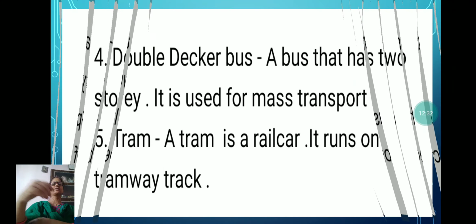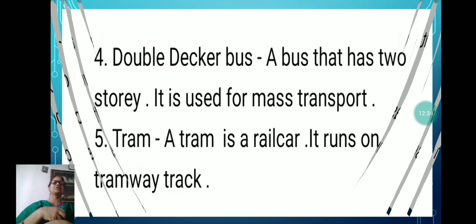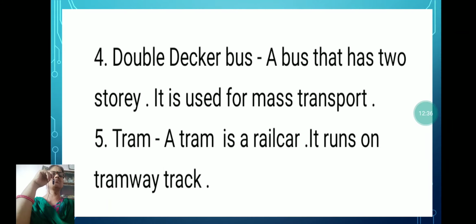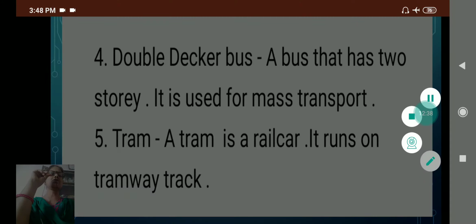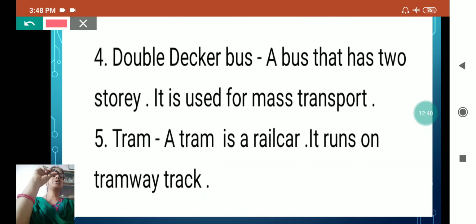Double decker bus, a bus that has 2 stories. It is used for mass transport, means transportation of many people. Okay, and in that, sitting and sleeping both seats are made. Tram is a rail car. It runs on tramway track just like metro trains.